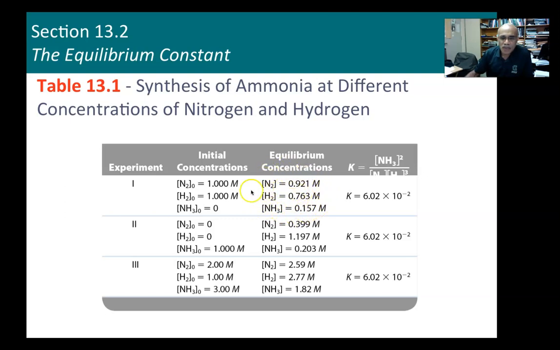These are measured experimentally. Now, this is at the same temperature. These 3 experiments are done at the same temperature. So let's calculate the value of K. You plug these numbers into this expression of K. Sorry, it's not really showing very well.